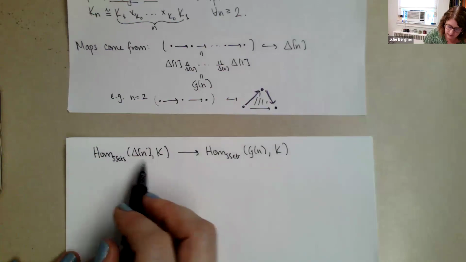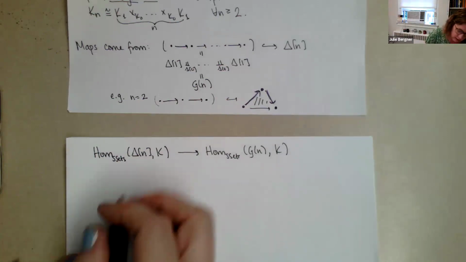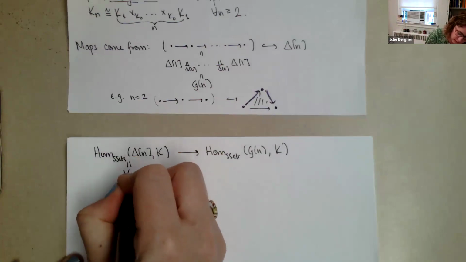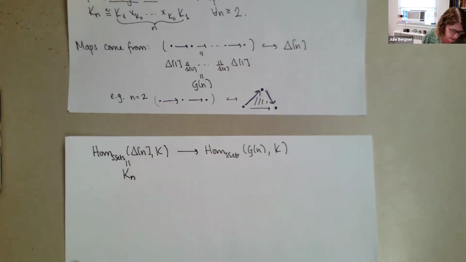And well, I said this Δ^n was a representable functor, so a consequence of the Yoneda lemma is this is just isomorphic to the set of n-simplices. So this is just K_n right here.